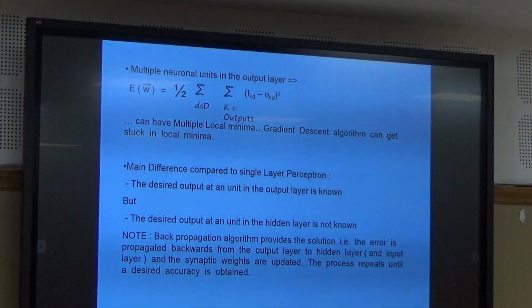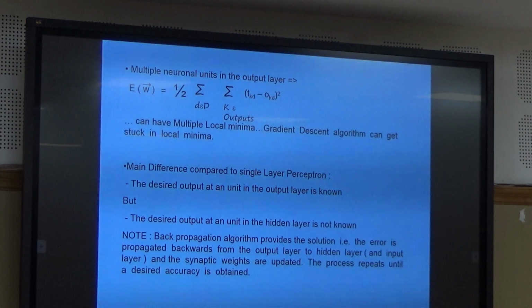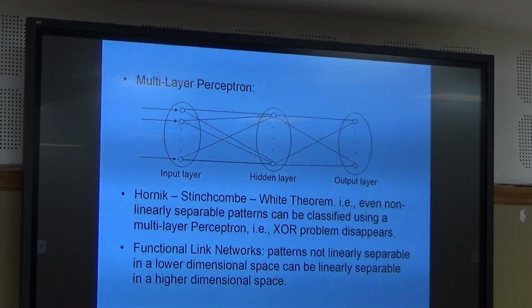The error is propagated backwards from the output layer to the hidden layer and input layer, and the synaptic weights are updated. The process repeats till the desired accuracy is obtained.